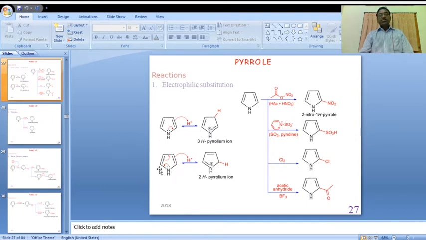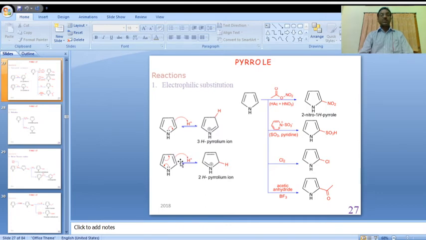If the electron pair donates to the left side in the cyclic ring, the bonded electrons shift to this side, and these bonded electrons increase electron density on the C2 carbon.